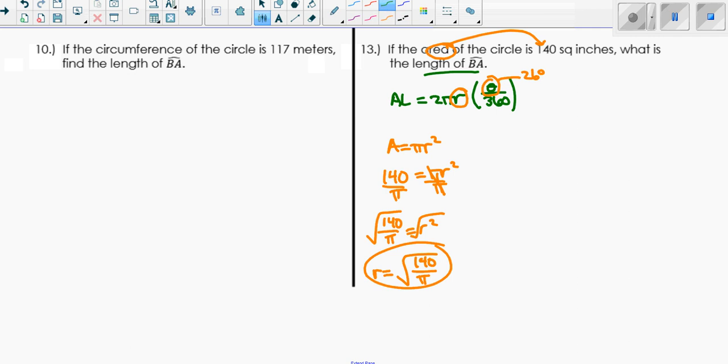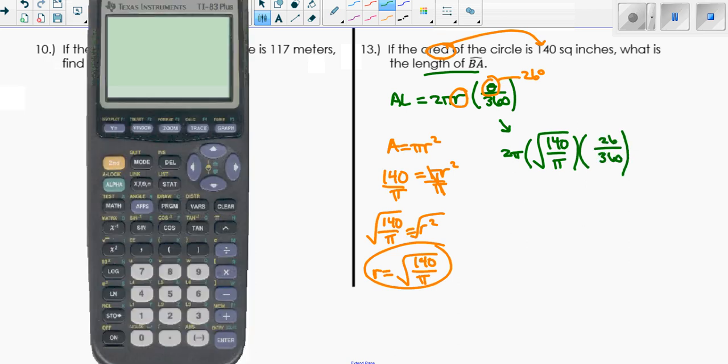Okay, so if I go back to my arc length formula, I'm going to say my arc length is 2 pi times my radius times 26 out of 360. Okay, now here's how you can check to see if what you're doing is right.